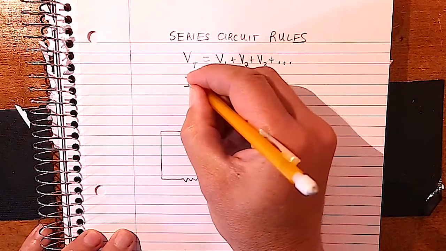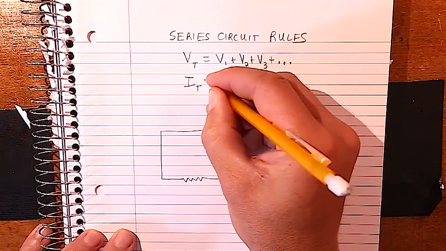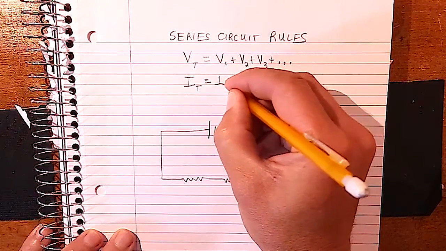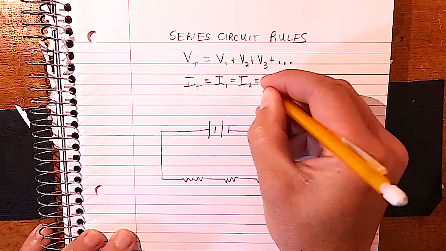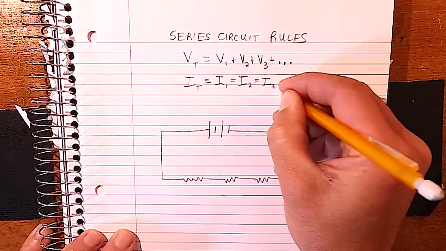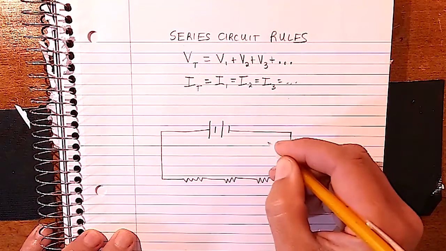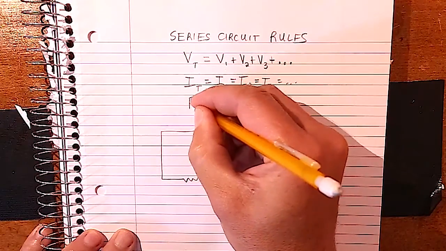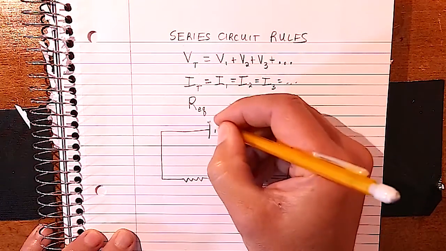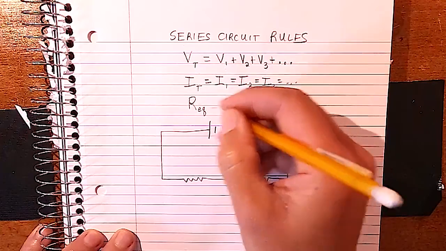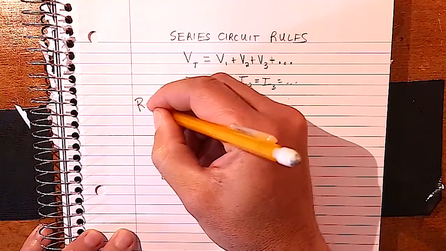The rule for current is that the current is the same everywhere in a series circuit. No matter where you measure it, it's always the same. Now, they use the term Req, which stands for equivalent resistance, and I like to use RT.